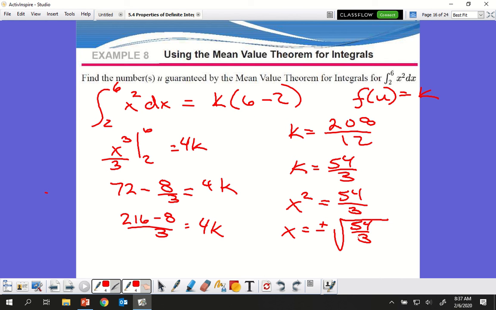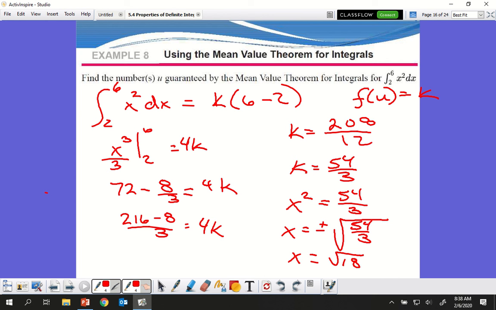Yeah, it does, because 5 plus 4 is 9. So is 9 divisible by 3? Yes. Then it does divide evenly. So x equals the positive square root of 18.